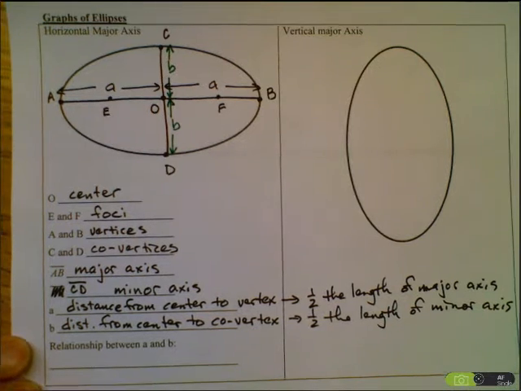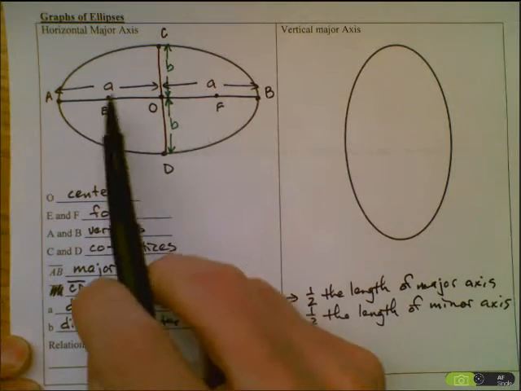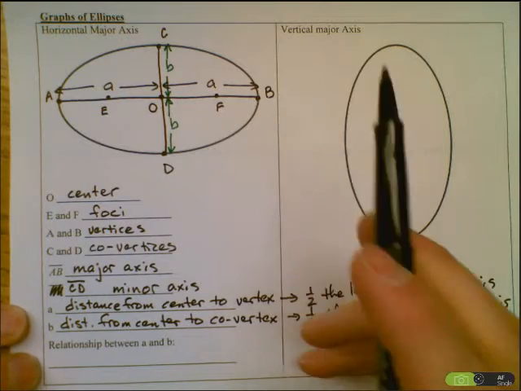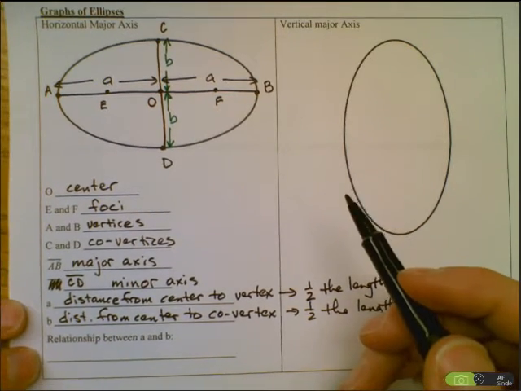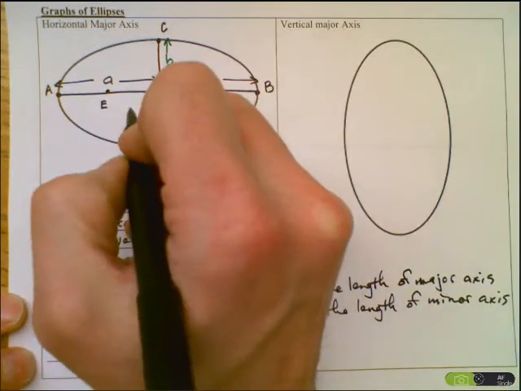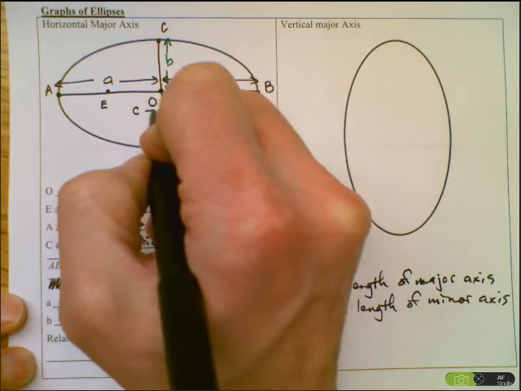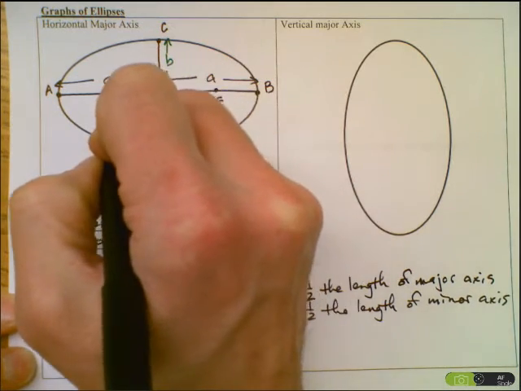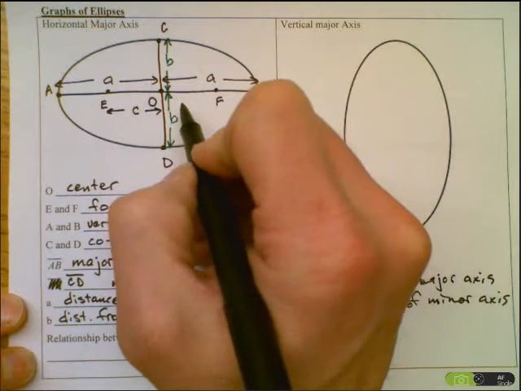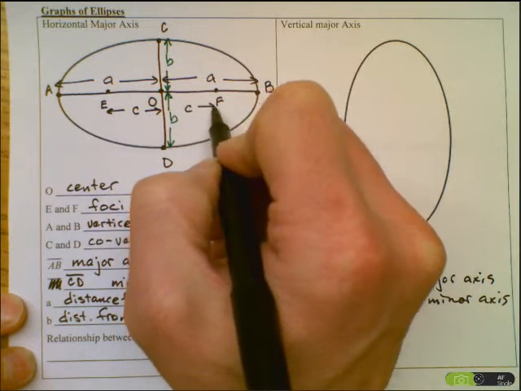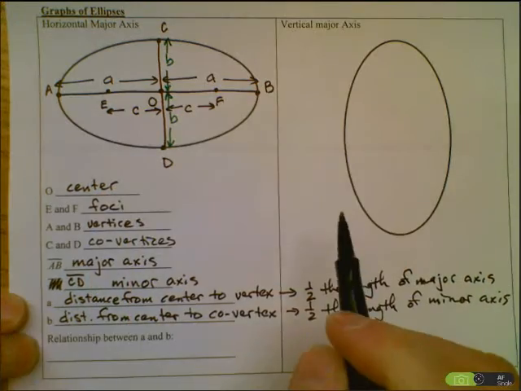Alright, so we've got distances A and B, and we're also going to have another distance C. C is going to be the distance from the center to the foci. So that distance from there to there, and this distance from there to there.